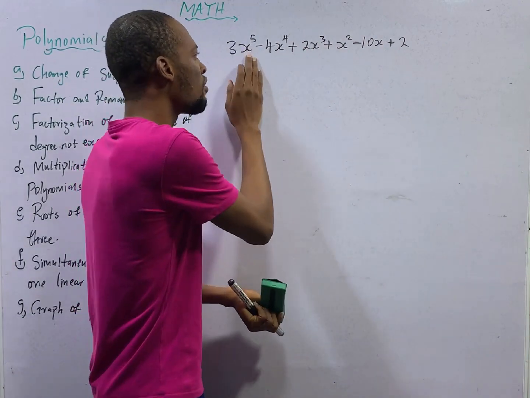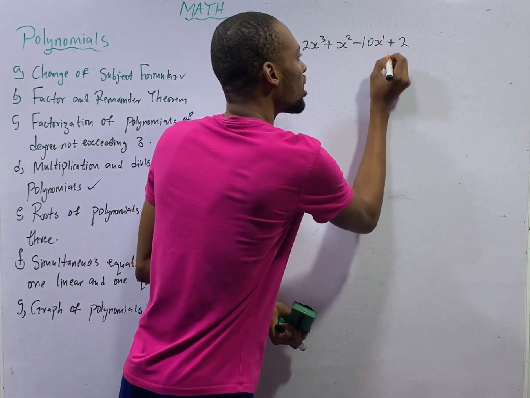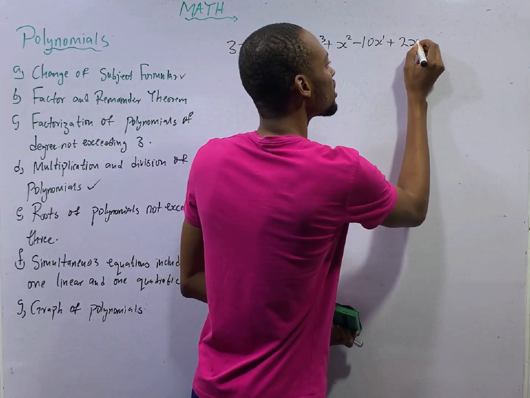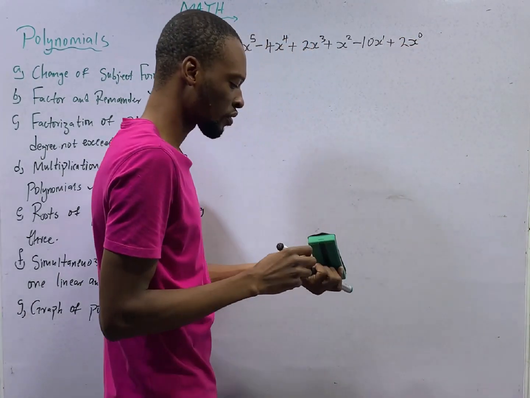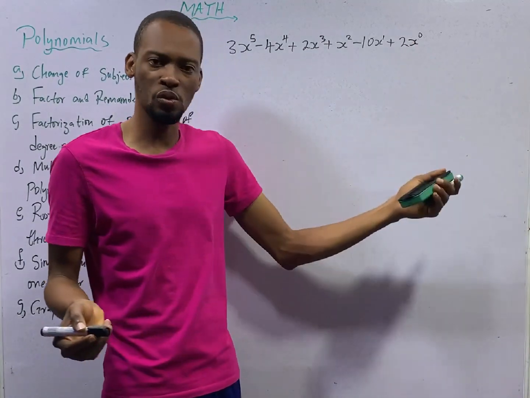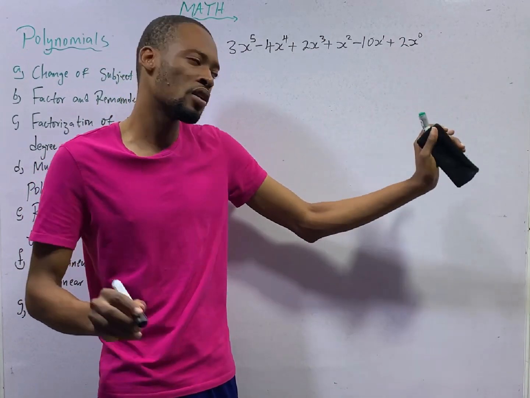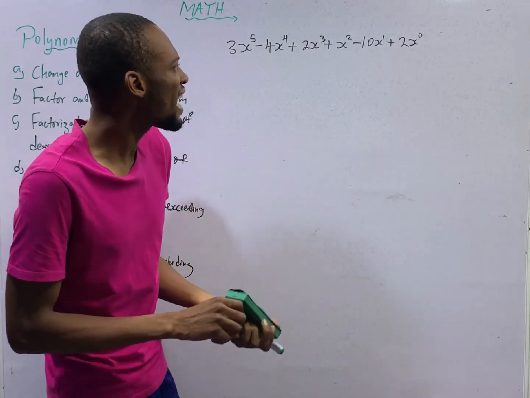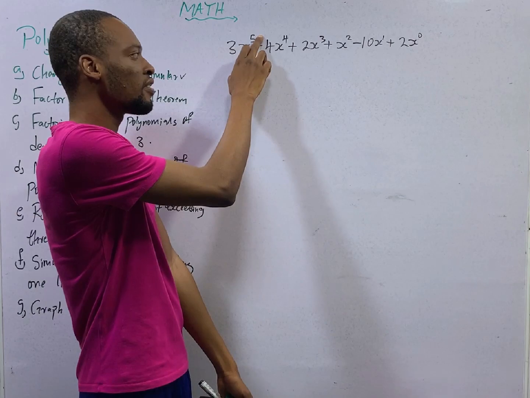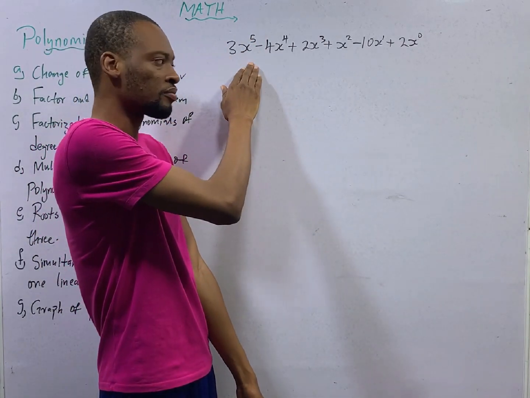This is raised to the power of 5, 4, 3, 2. This is the same thing as raised to the power of 1. And here is the same thing as raised to the power of 0. S raised to the power of 0 is 1. And 2 times 1 is 2. This is why in constants we don't add the s raised to the power of 0. The highest power here is 5. Therefore, the degree of this polynomial is 5.